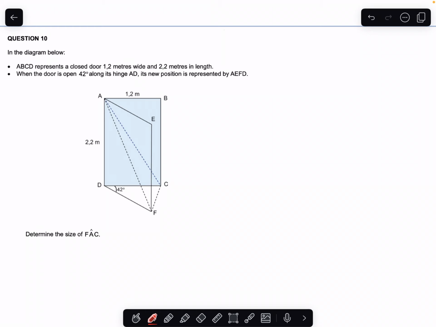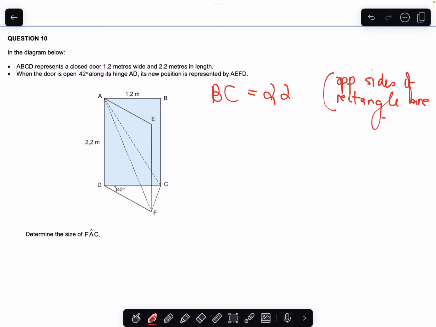So we are seeing that, first of all, BC is equal to 2,2 because opposite sides of a rectangle are equal.